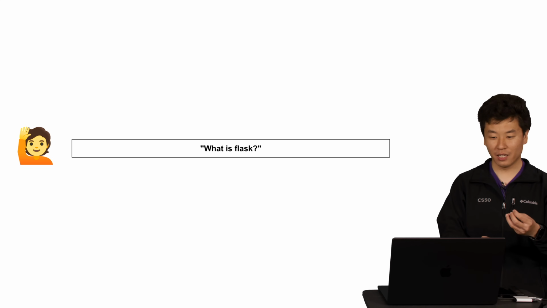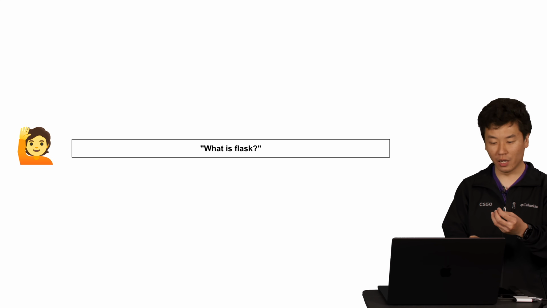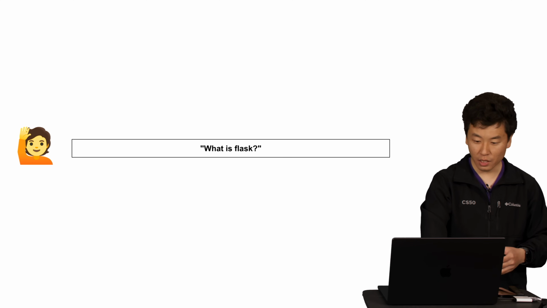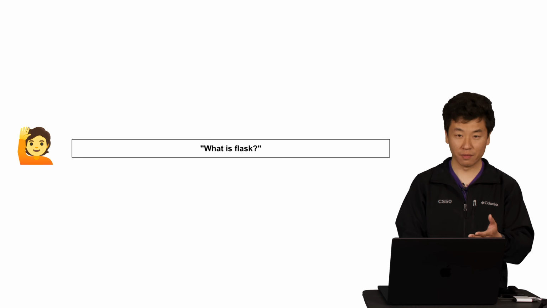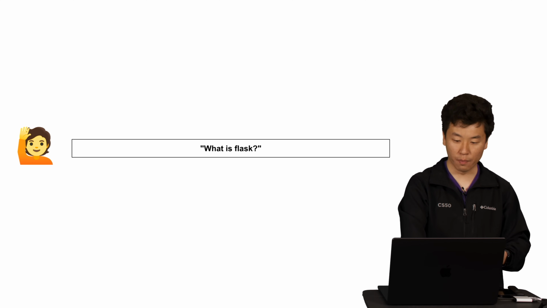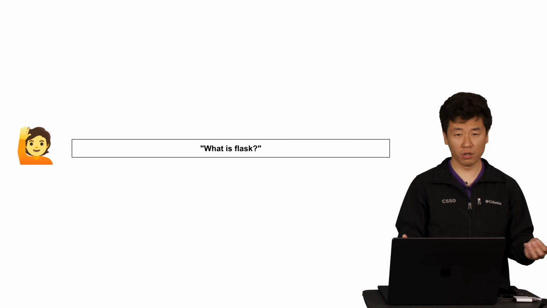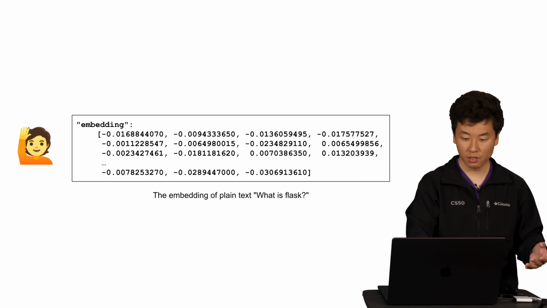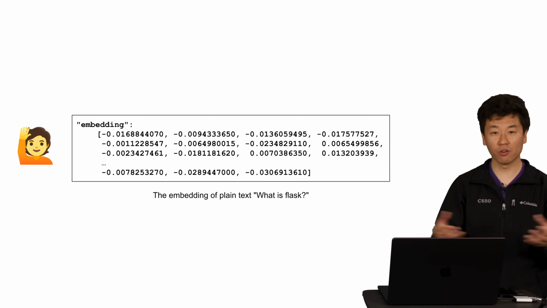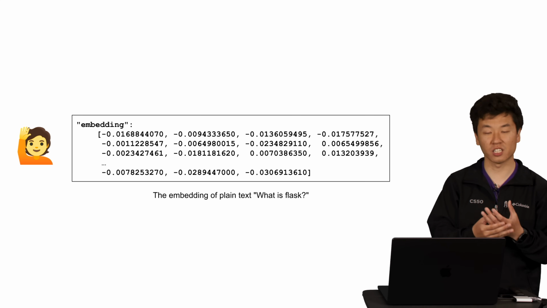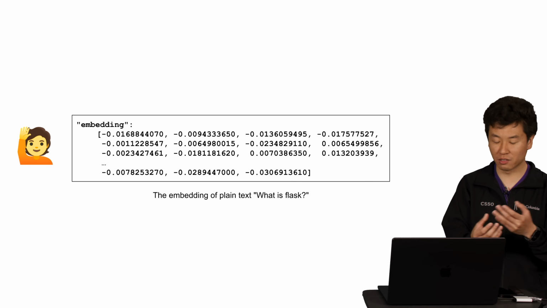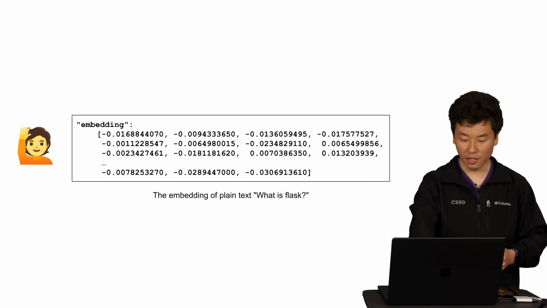But how exactly can we perform this search quickly? So here's where embedding comes into play. Large language models, or all neural networks, don't actually understand English. They understand a vector of floats. In particular, this vector has a dimension of 1,536.